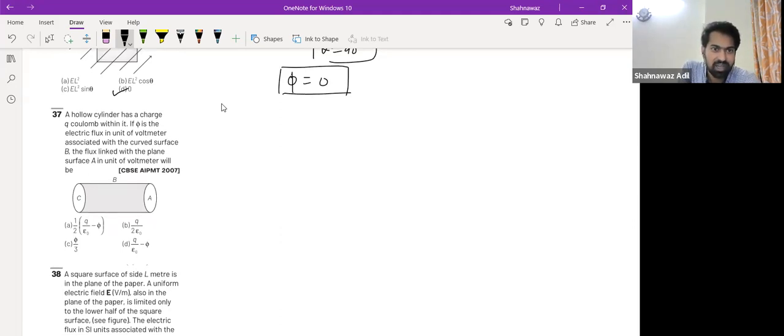If phi is the electric flux in the unit of voltmeter associated with the curved surface B, the flux linked with the plane surface A in unit of voltmeter is? I need to bring this cylindrical shaped glass. Give me one moment, guys.